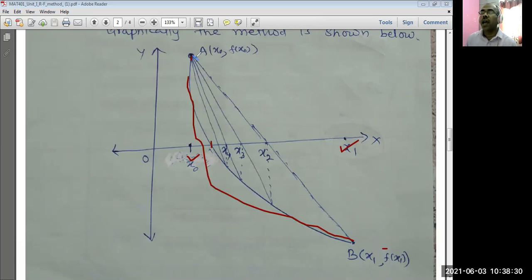So this is a straight line. We call this straight line a chord. So this is a chord to this curve, right?